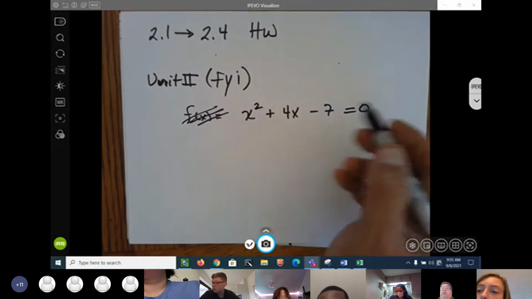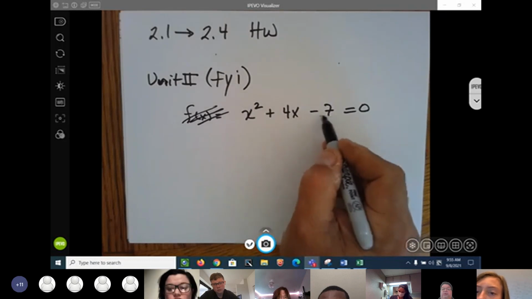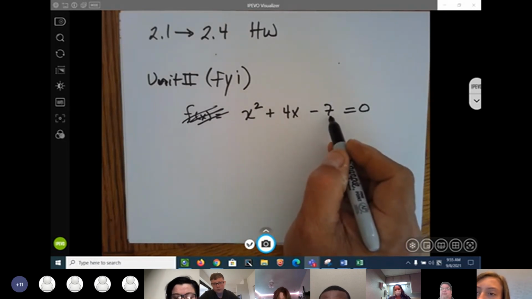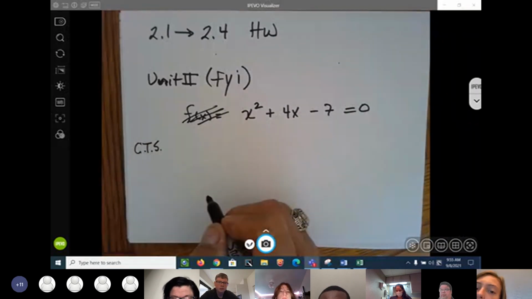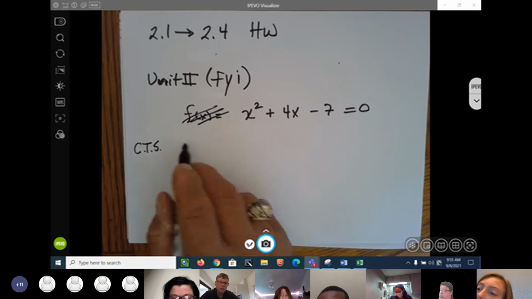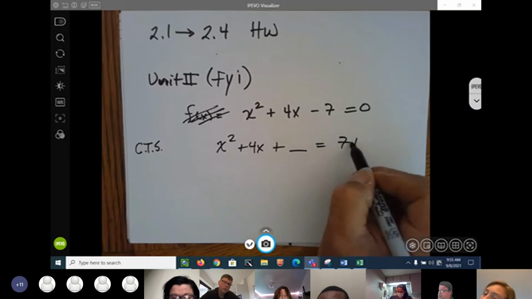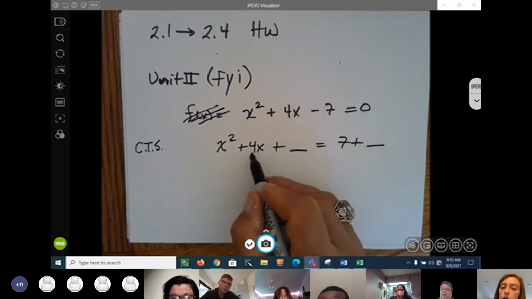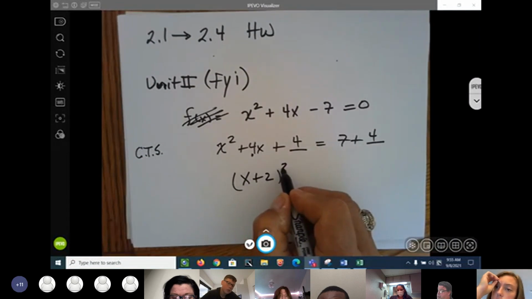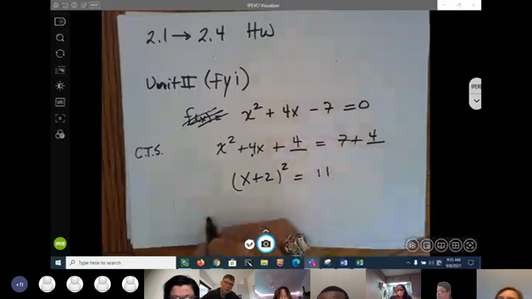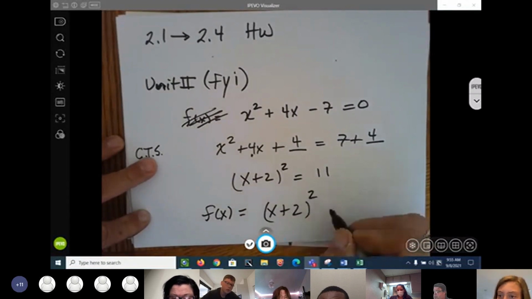Right now, the only thing you can tell me is that it's a parabola opening upward, and it crosses the y-axis at negative 7. But using complete the square, we're going to do x squared plus 4x plus blank is equal to 7 plus blank. Half of 4 is 2. 2 squared is 4. That's going to be x plus 2 quantity squared is equal to 11. And f of x is equal to x plus 2 quantity squared minus 11.